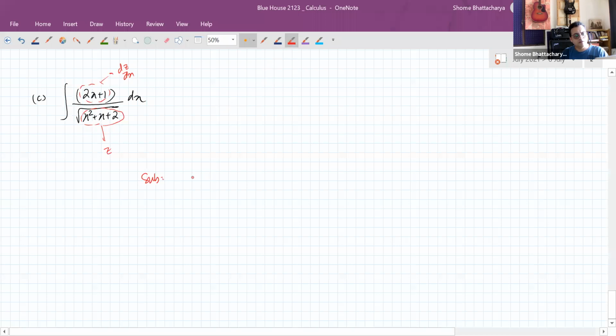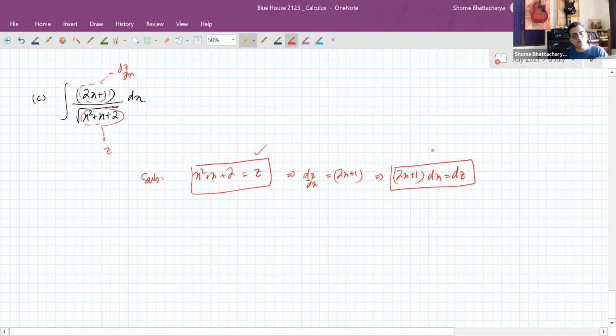Okay, so substitute x square plus x plus 2 as z, 2x plus 1, or in other words, 2x plus 1 dx is equal to dz. So this and this, we'll substitute these two terms. So the integration will become dz by root z, okay, which you know is 2 root z plus c, correct? So that will become, after the substitution, so that is the indefinite integration.